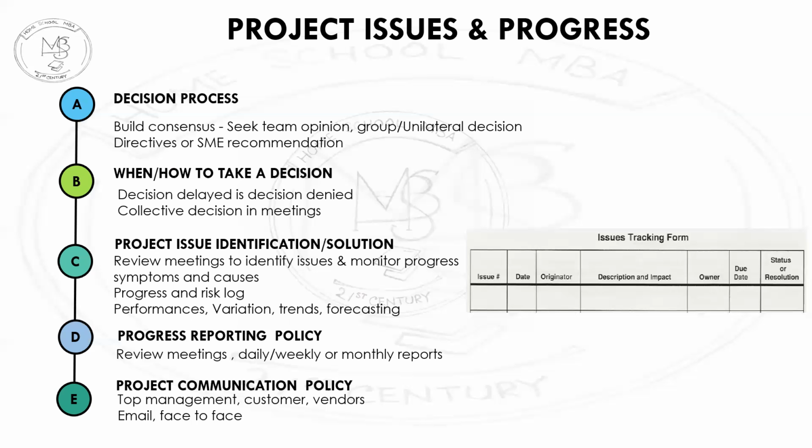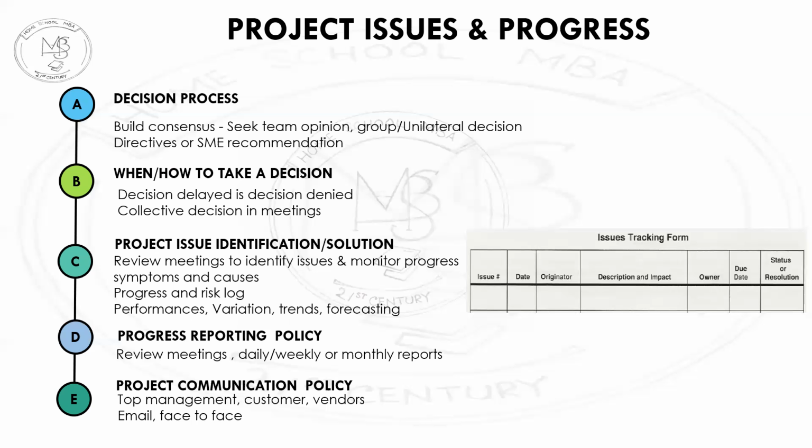The second category is when and how to take a decision. Decision delayed is decision denied, collective decision in meeting. It is said, justice delayed is justice denied. Similarly, if the decision is delayed, if it is not taken in time, it has no meaning or effect or impact.